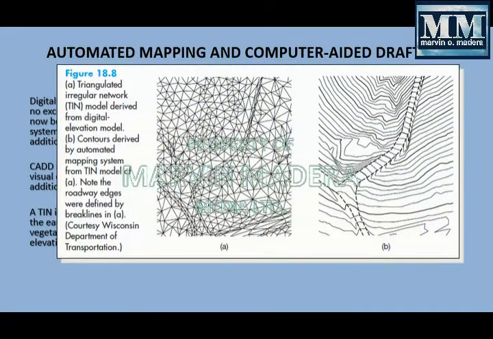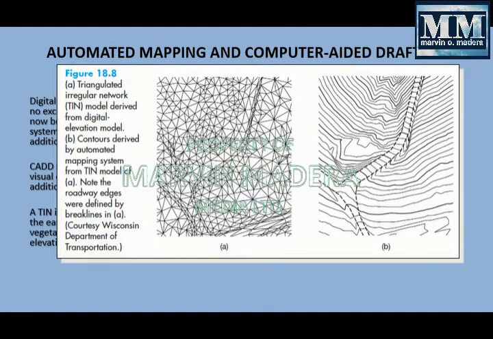We have here Figure 18.8, the TIN or triangulated irregular network. This is the representation of the map, and on the other side we have the contour derived by automated mapping. You can see the difference in representation: the TIN represents most of the triangles, while in the automated mapping you can see the representation of the contours of the area.